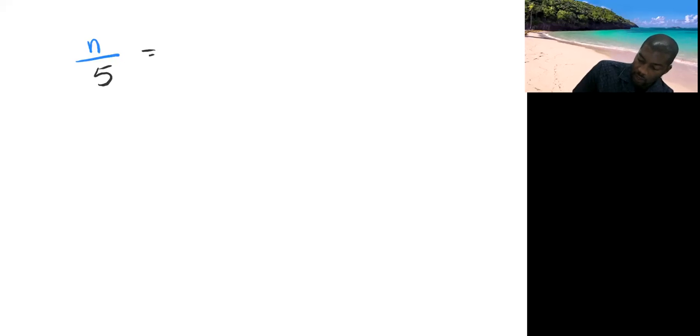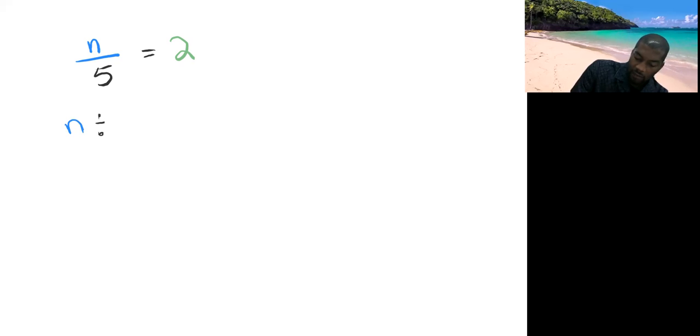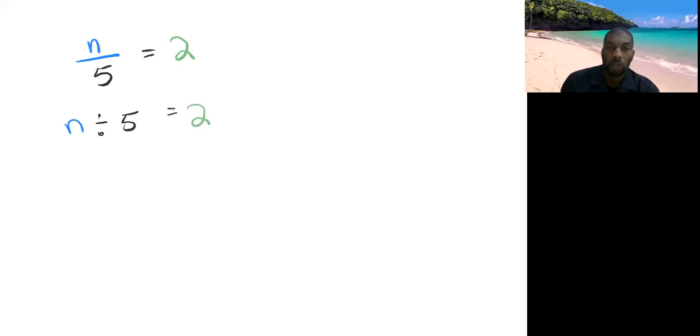Let's try some number n divided by 5 is equal to 2. Now, the way I'm going to use it this time is I'm going to say, all right, look, what I really know is that this can be rewritten as n divided by 5 equals 2.